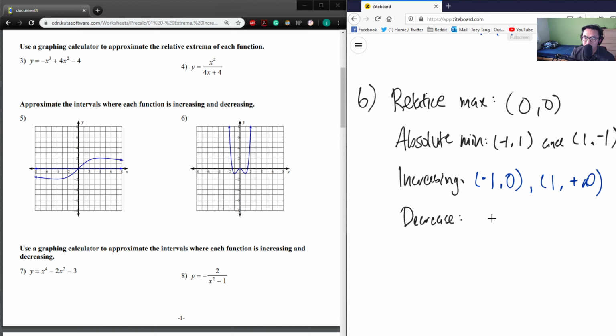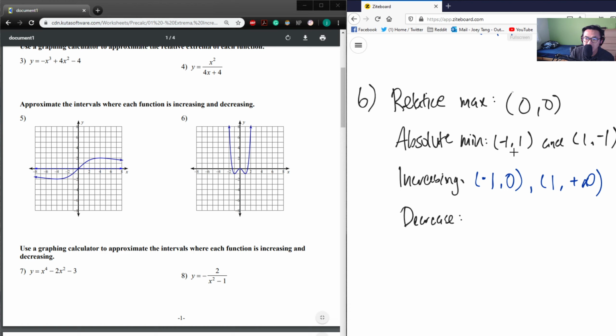So let's see. What about my decreasing interval? We're going to use the minimums as well. So we have -1 and 1 here. So again, we have an interval of decrease. We defined it as an interval of decrease first, and then an interval of increase. So this interval here is a decrease, right? So I'm going from -infinity, as x approaches -infinity, and it's going all the way to -1.